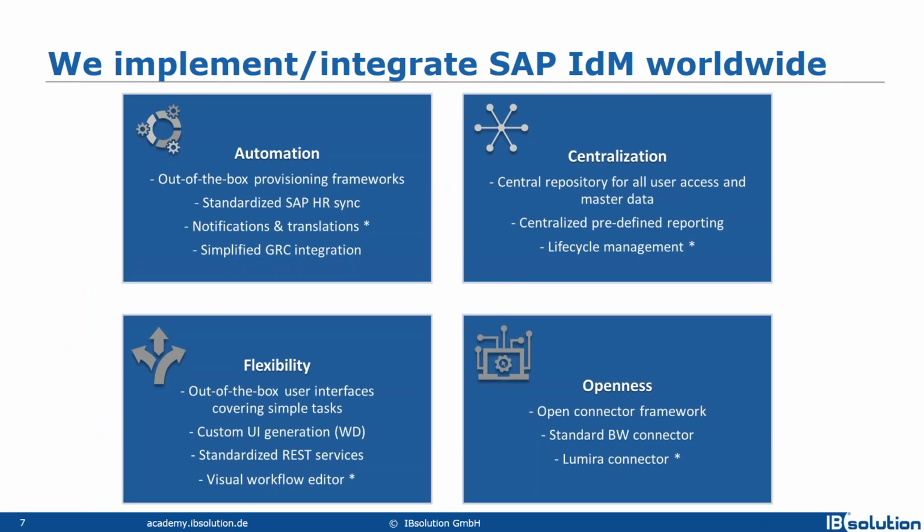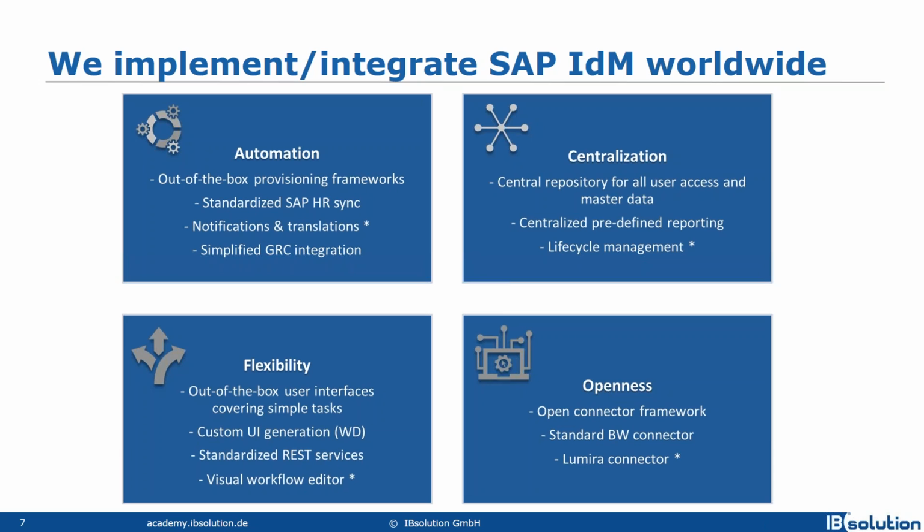So our experience has shown that we can mostly split the standard features of SAP IDM into 4 categories. One would be, of course, automation. This is the category everybody who tries to implement IDM mostly strives for: automation, meaning automatic provisioning of privileges to different target systems.